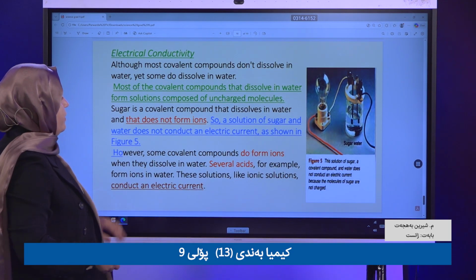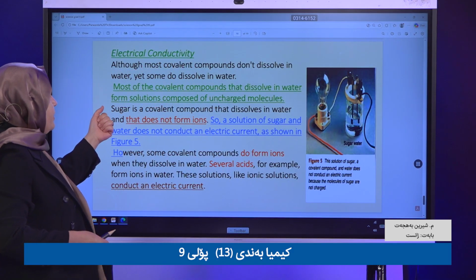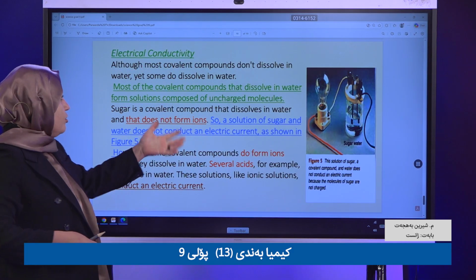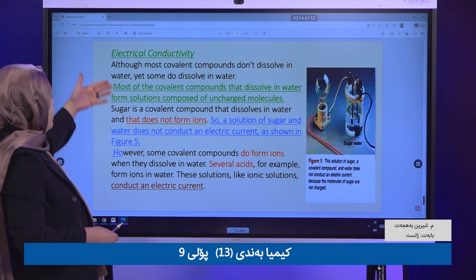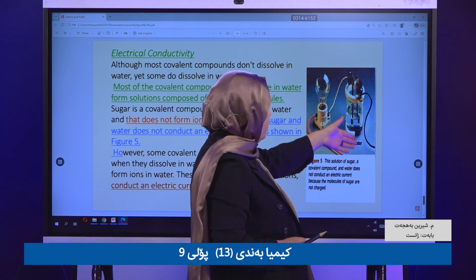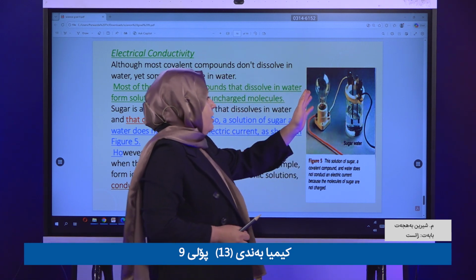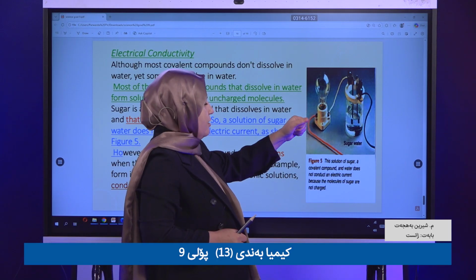Electrical conductivity. If you look at covalent compounds, they have what? Sorry, ionic compounds have high conductivity. But covalent compounds have low electrical conductivity. For example, look at this one. We put sugar into water, and look at the lamp. Is it turned on? Of course, it is turned off. Why?